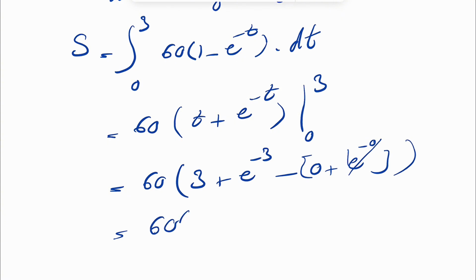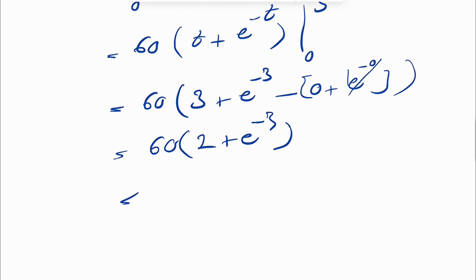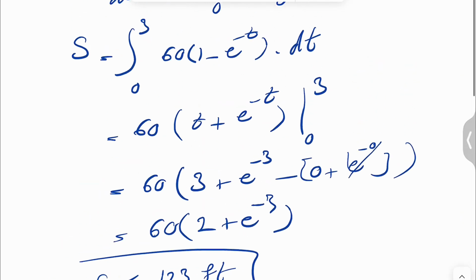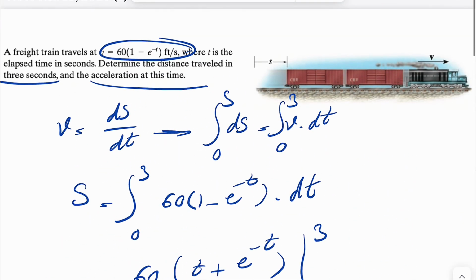So at the end, we have 6 times (3 minus 1, so 2, plus e to the negative 3). Rounding to 3 significant figures, it's going to be 12.3 feet. So that's the distance the question is asking for after 3 seconds.